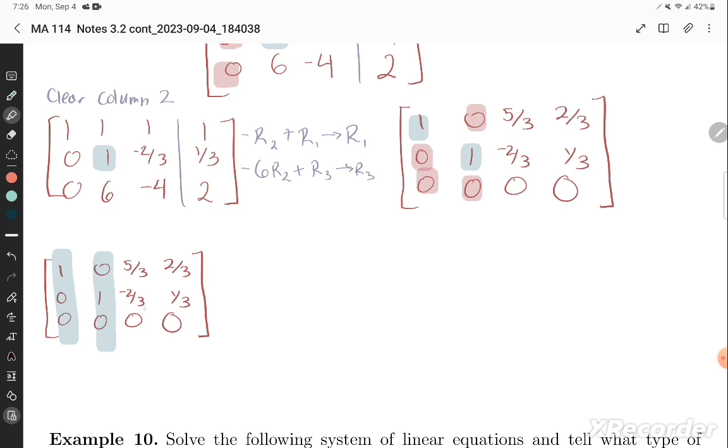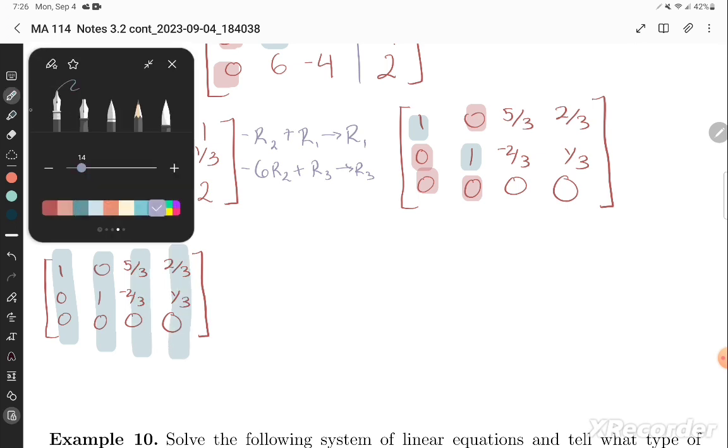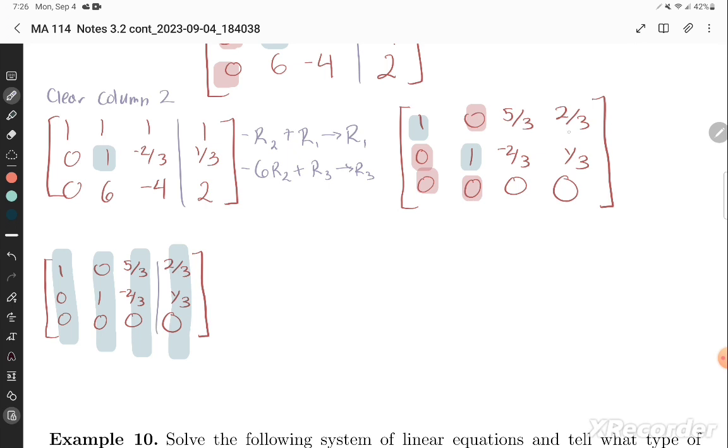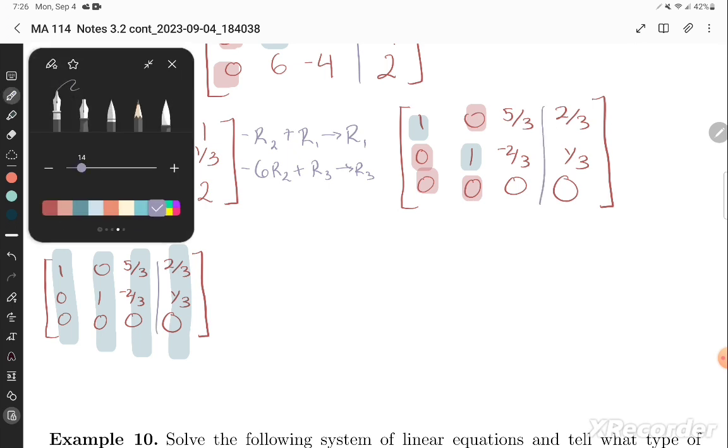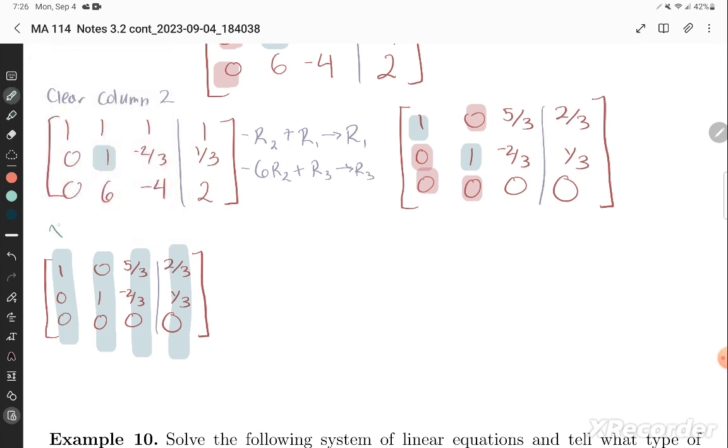They represent our unknowns. And this side of the column represents my equal sign. So here, this is x1, x2, x3, and then this column represents what they're equal to when I add them together.